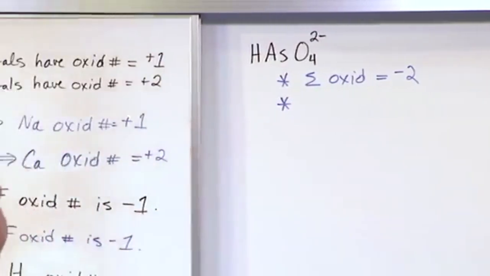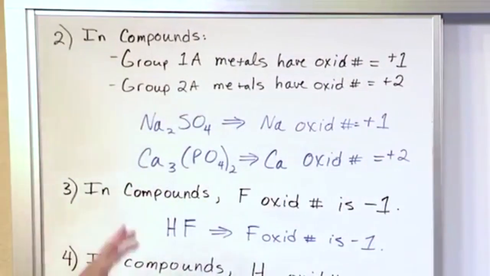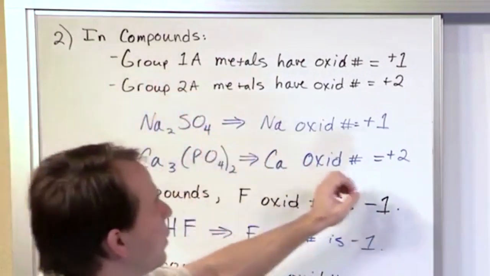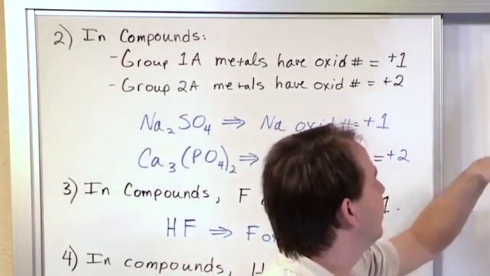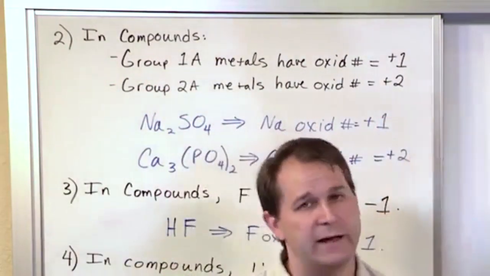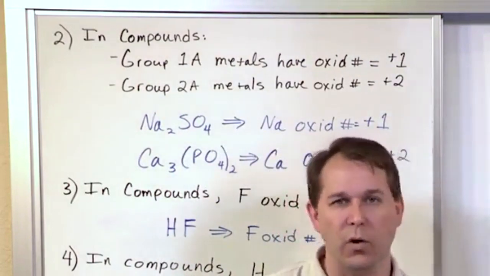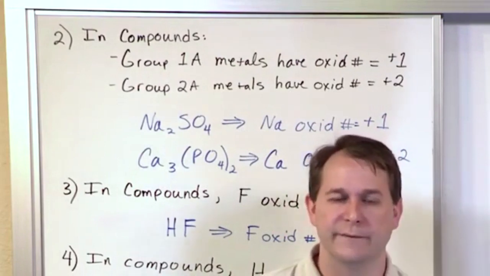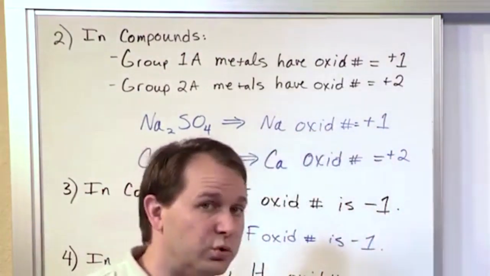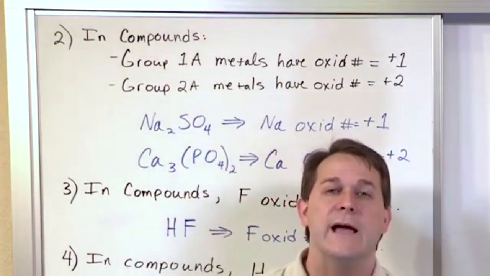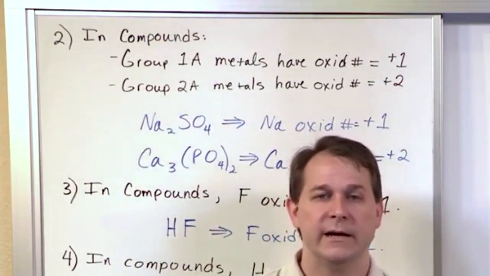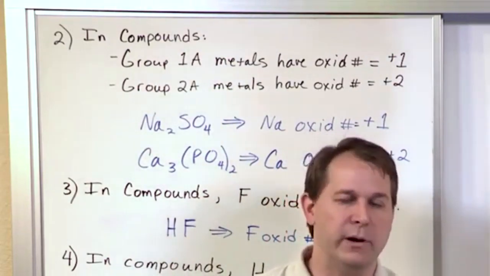Now we go down our list in priority order and figure out first, do we have any group 1 or group 2 metals? Well, here we have hydrogen, arsenic, and oxygen. You don't count hydrogen as a metal, even though it's in group 1, it's still not really considered a metal. We've learned before that hydrogen has its own rule down a little bit farther, and it also has an exception if hydrogen is bonded to a metal in a two-element compound.